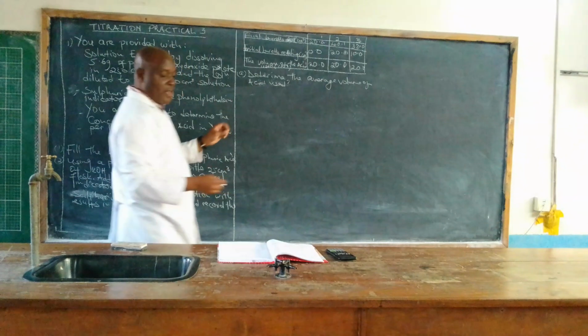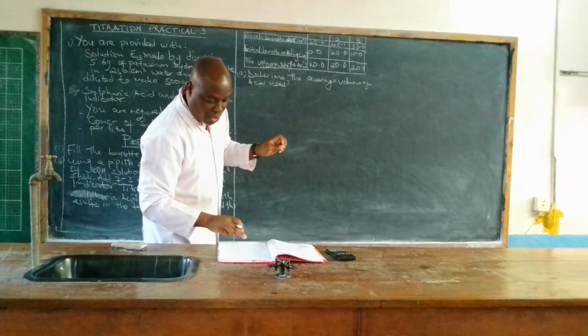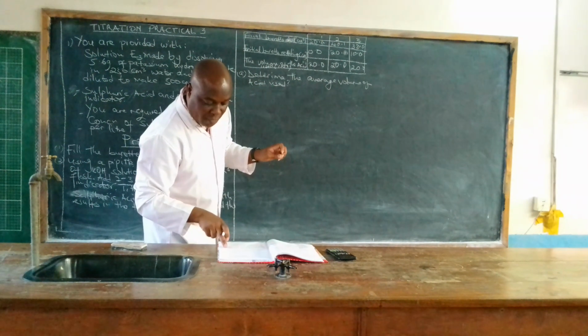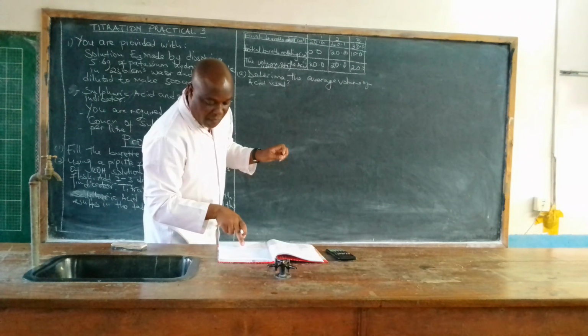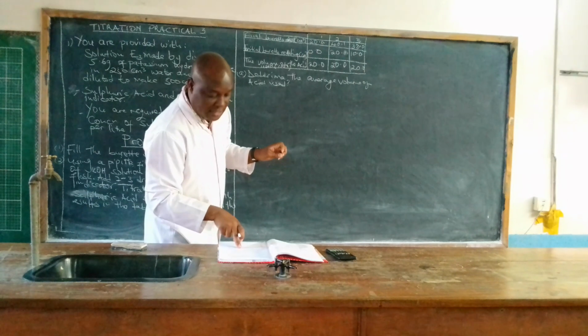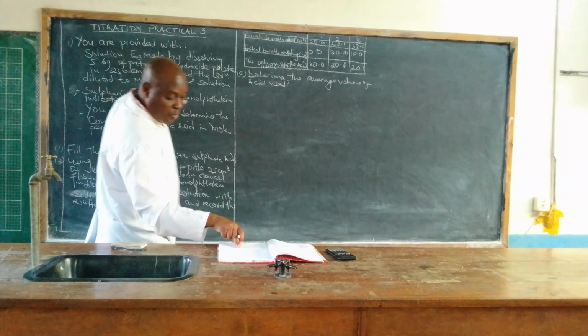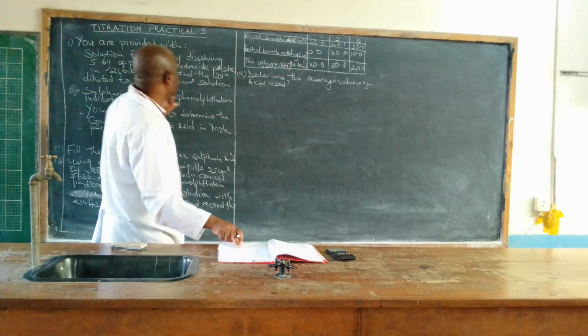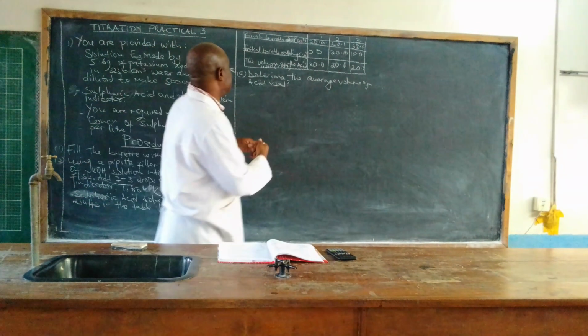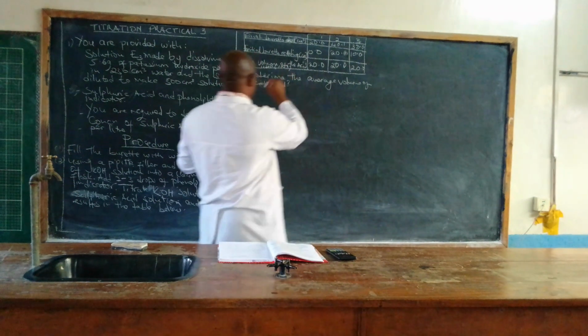So we have been asked in our questions to determine the average volume of solution F4 used, which is sulfuric acid. So we shall just say, determine the average volume of the acid used.